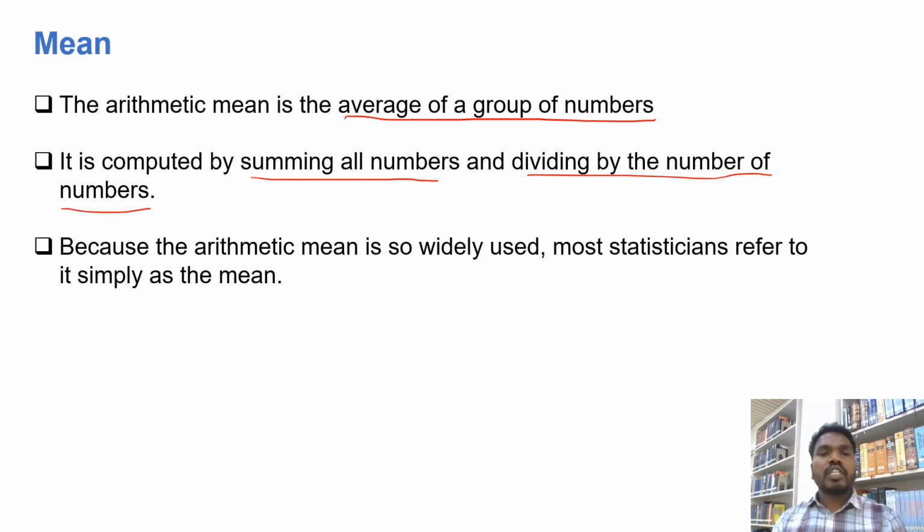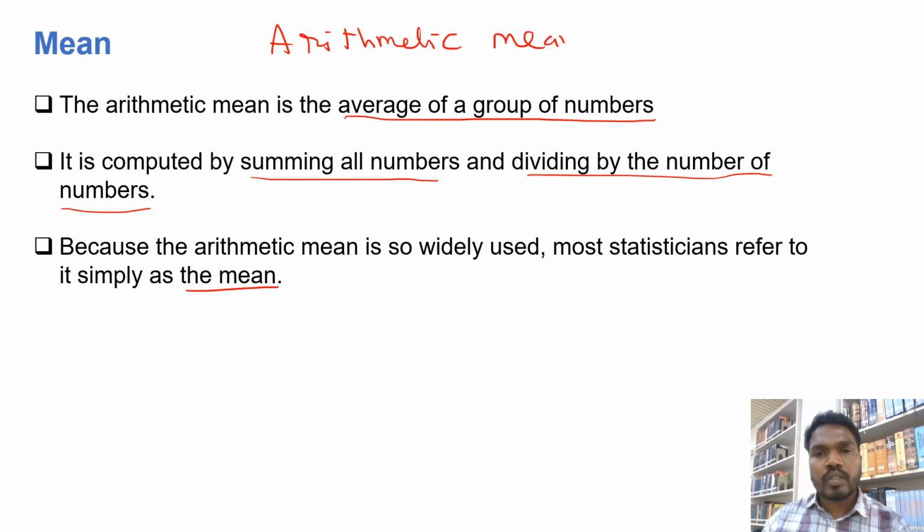We use this mean, or the arithmetic mean, more frequently in statistics. Therefore most statisticians simply refer to it as the mean instead of the arithmetic mean. But in general, the arithmetic mean and the mean are both the same.